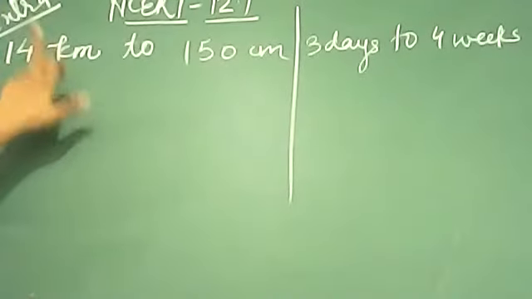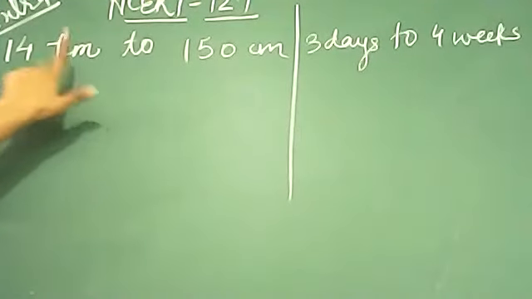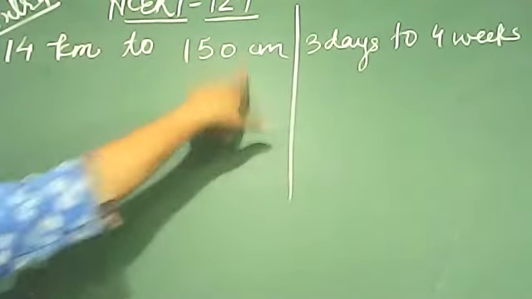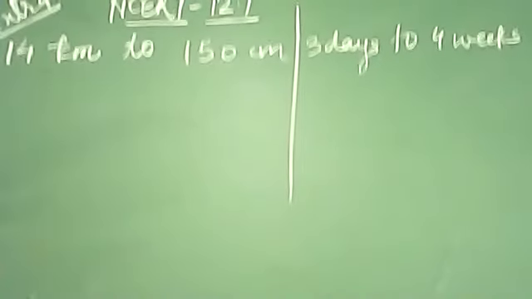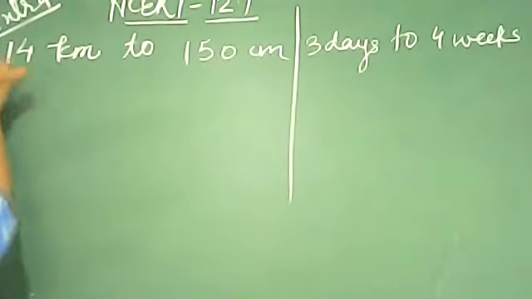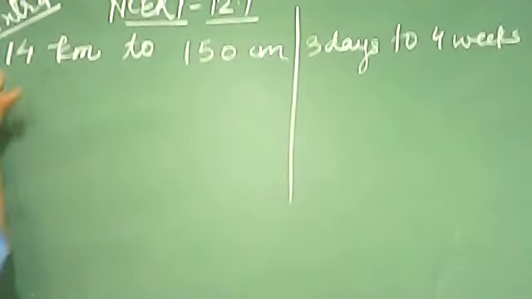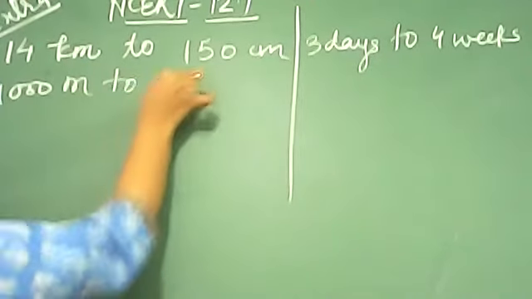So question number A1 has no direct conversion here. It's kilometer and it's centimeter. पहले तो kilometer को first let us convert in meter, and then meter को we'll go to centimeter. ठीक है? So 1 kilometer means 1000. So direct हो गया कितना? 14,000 meter to 150 centimeter.